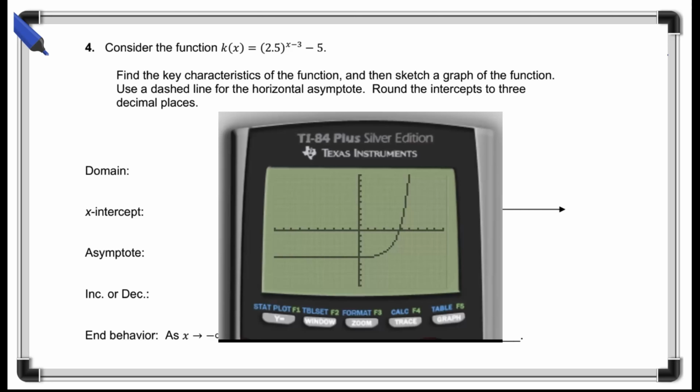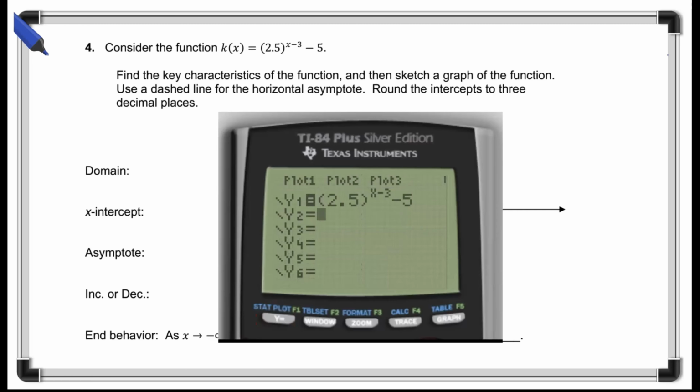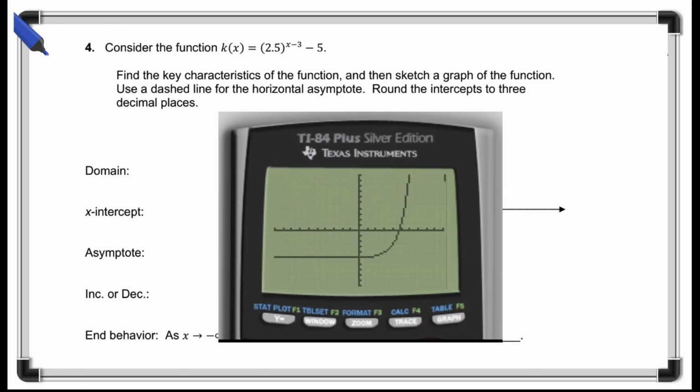For the x-intercept you have to go back to y equals, and we're going to put a 0 in y2 because y equals 0 is technically the x-axis. So I want to find the intersection between my x-axis and my exponential curve.